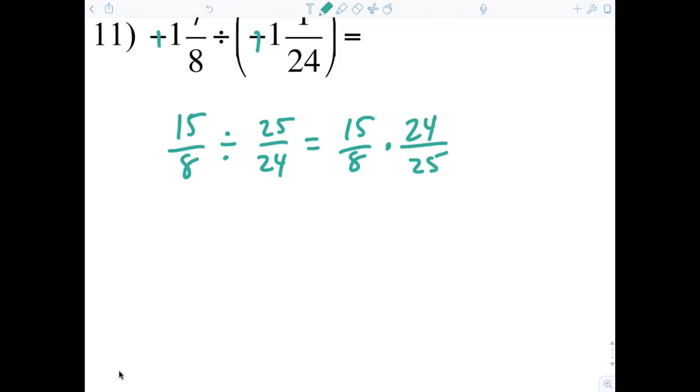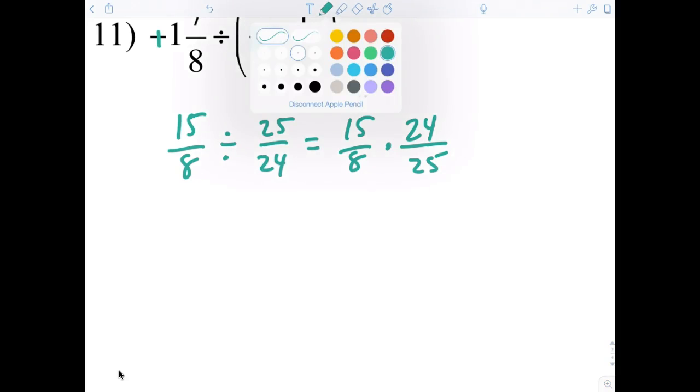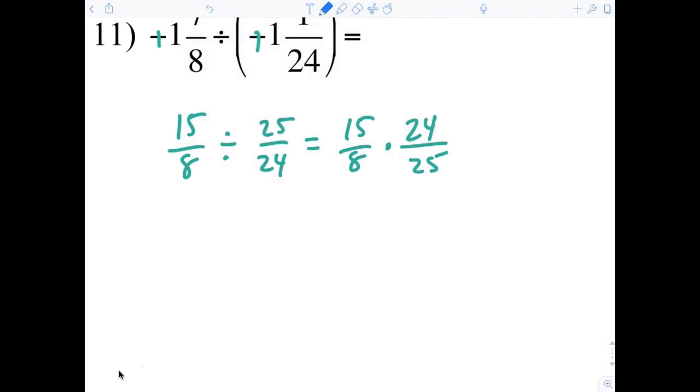Go ahead and reduce it for me. 8 goes into 8 one time, and 8 goes into 24 3 times. Good job. And then 5 goes into 15 3 times, and 5 goes into 25 5 times. Beautiful. Final answer: 9 over 5. Good job. Easy.